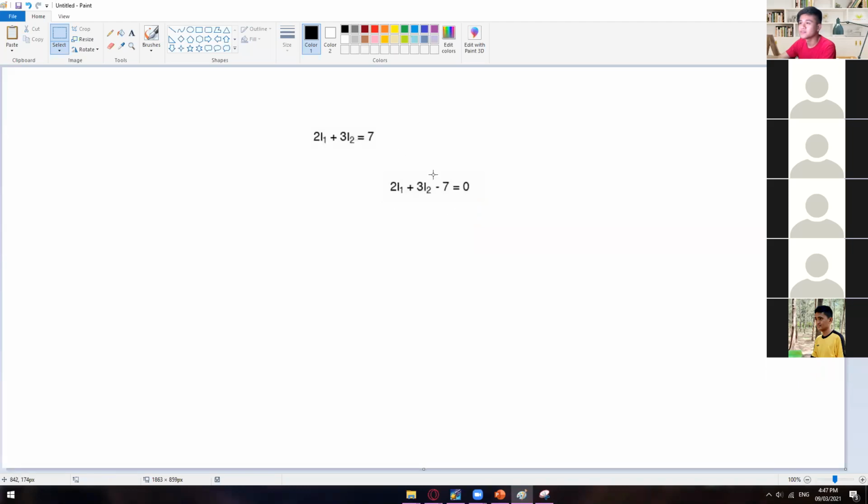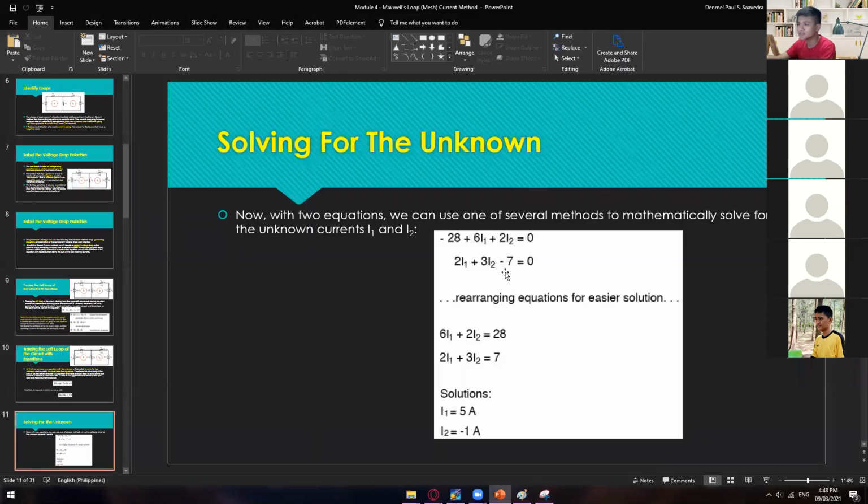Oops. That is 1. Okay, let me just check. Equals to 0. I see. All right, so this is the first equation, and then this is already the second equation.